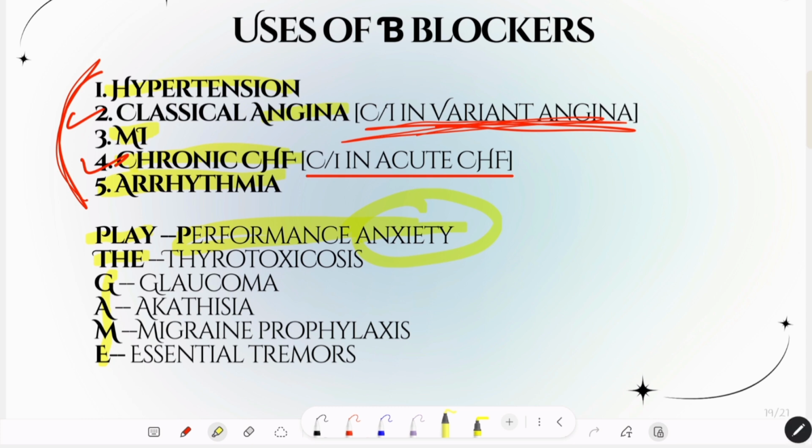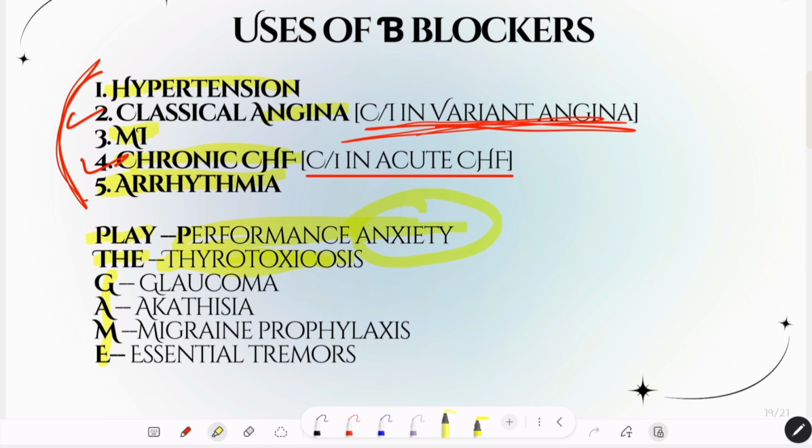We can use beta blocker in thyrotoxicosis. In thyrotoxicosis, we know that the heart rate is excessive due to increased adrenaline and noradrenaline concentration. So we can use beta blocker on heart to get rid of thyrotoxicosis symptoms.